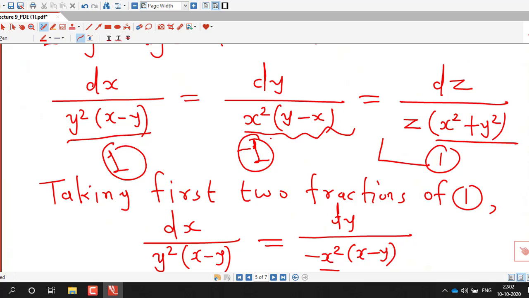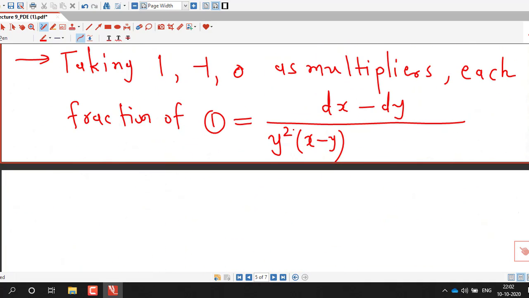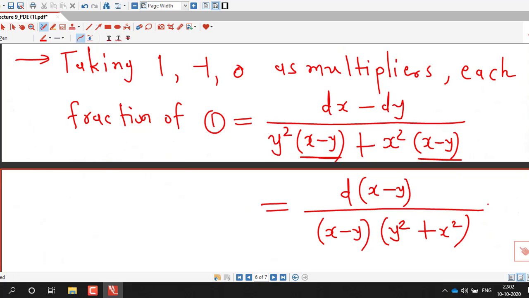So after multiplying with minus 1, we write x square into x minus y. Dx minus dy is nothing but the differential of x minus y, and if we take x minus y common, we are left with y square plus x square. So this is the newly generated fraction. We give it number 2.